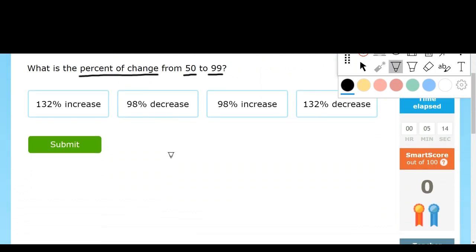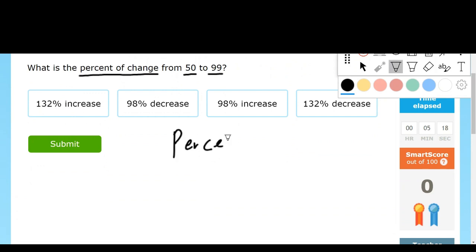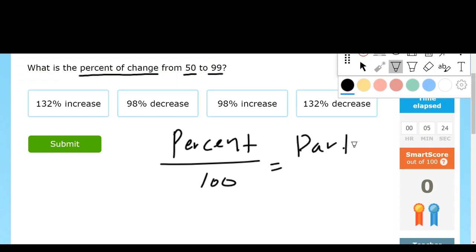Last time we talked about using the proportion percent over 100 equals part over whole. And we use this proportion to solve for percent of numbers.